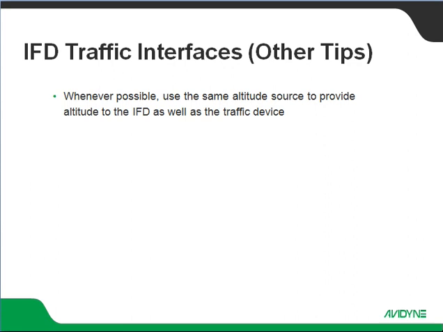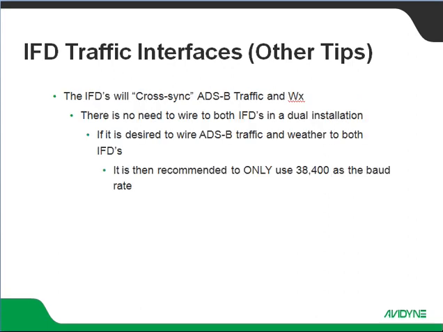Let me back up one real quick. This also makes troubleshooting altitude problems a little bit easier. If you've got the same source tied to multiple places in the airplane, it gives you a place you can double reference and double check. You can always go to the IFD and see if the IFD is receiving good altitude if you think your traffic device is not.